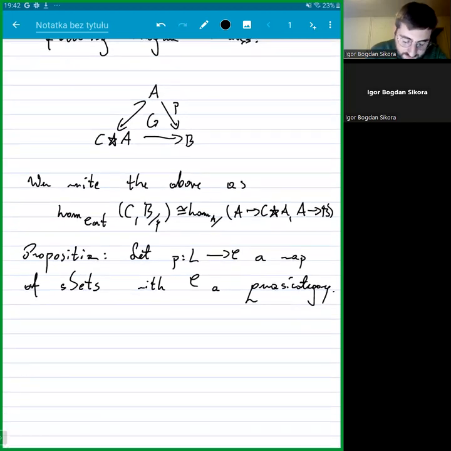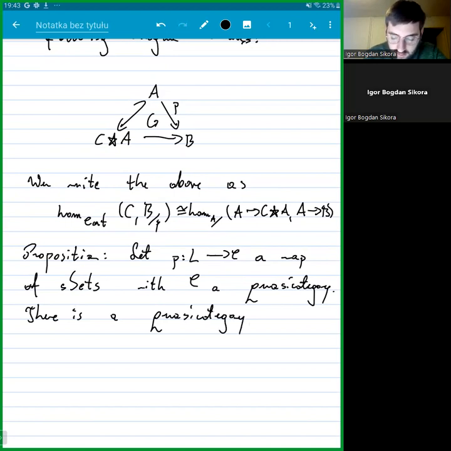Then there is a quasi-category C over P characterized by the following universal property.